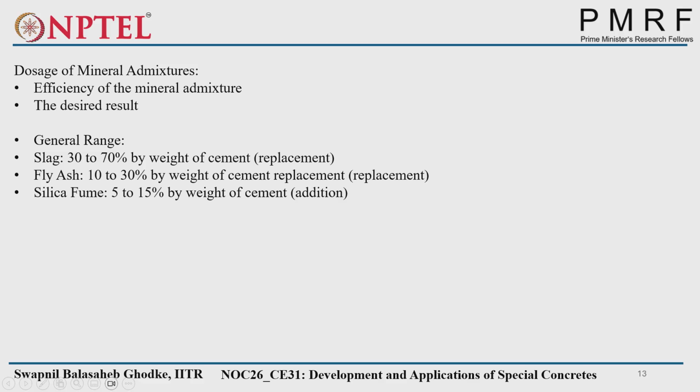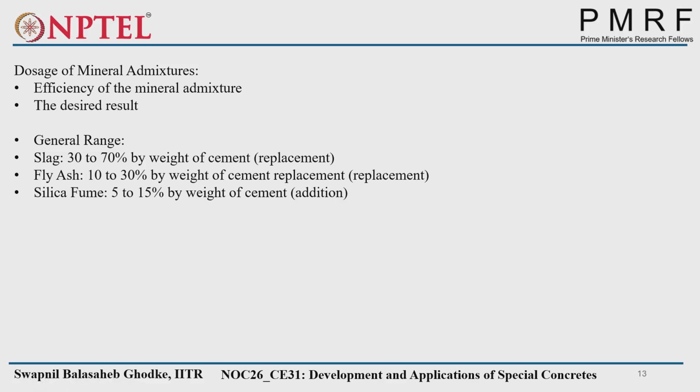General range: slag is 30 to 70% by weight of cement replaced, fly ash 10 to 30% by weight of cement replaced, then silica fume 5 to 15% by weight of cement. In addition, for fly ash, in most research papers you will find high volume fly ash, where they are using 60 to 70%.